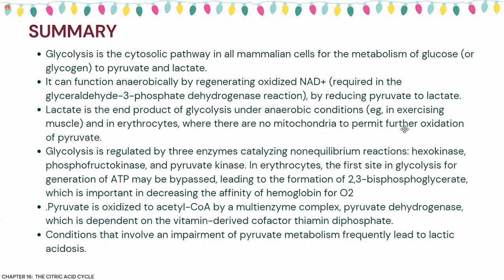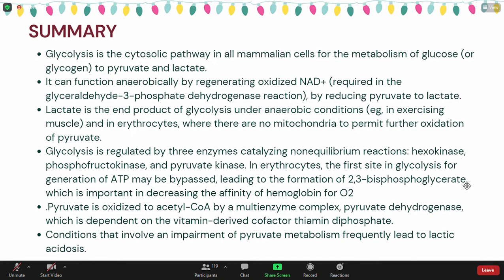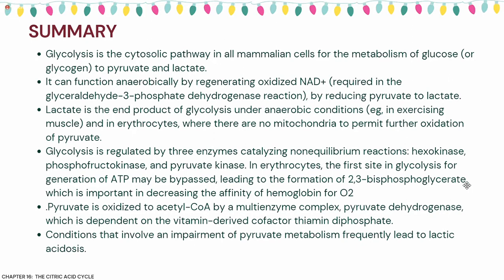So you have now the summary. Glycolysis is the cytosolic pathway in all mammalian cells for the metabolism of glucose or glycogen to pyruvate and lactate.